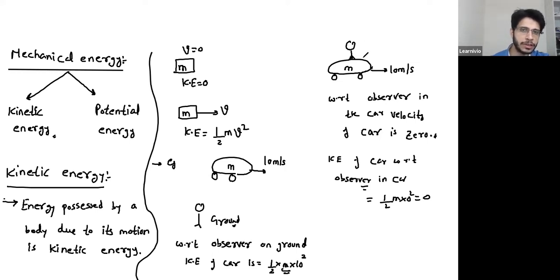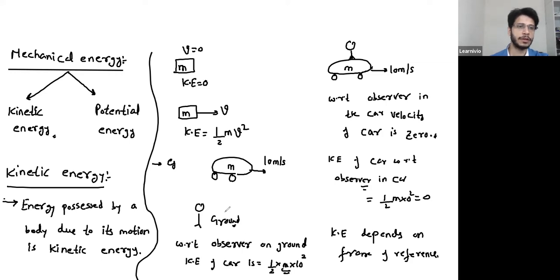But if your observer is sitting in the car, then kinetic energy is zero. So kinetic energy depends on frame of reference. Frame of reference is simply the place of observation. In this case, the frame of reference is the ground. In the next case, the frame of reference is the car.